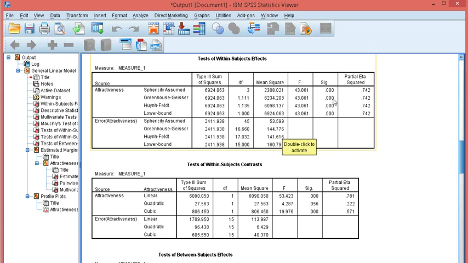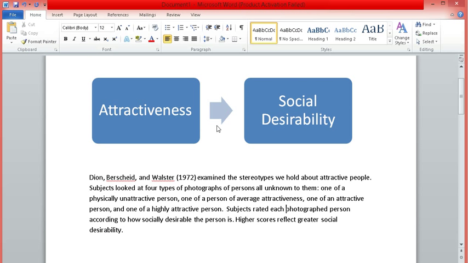And noticeably there seemed to be not much of a difference, and the p-value is significant, much less than 0.05. So that means that we are rejecting our null hypothesis, which states that attractiveness does not have an impact on social desirability.